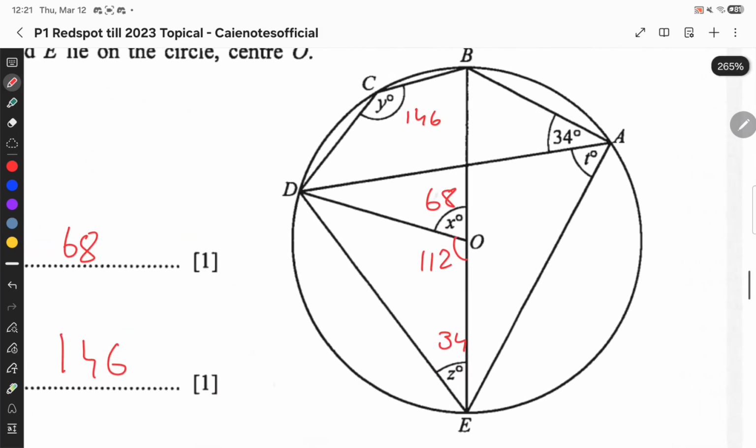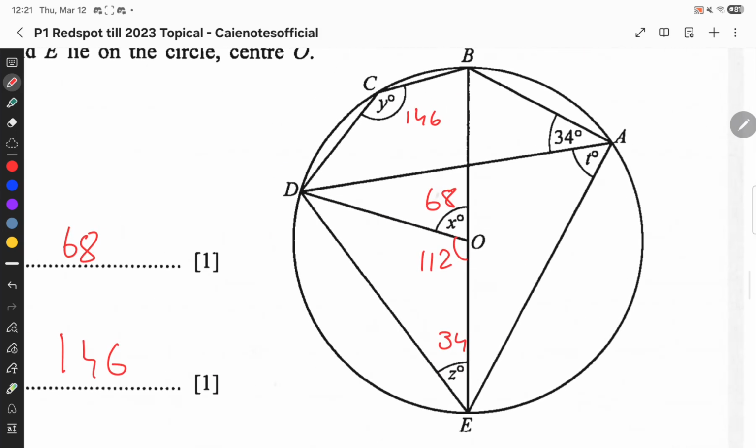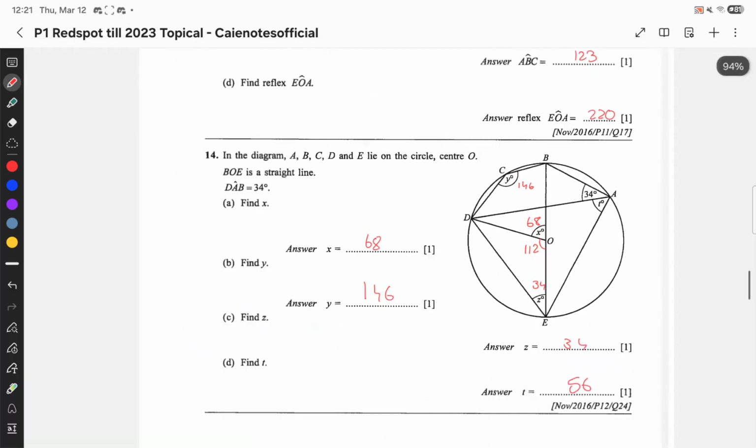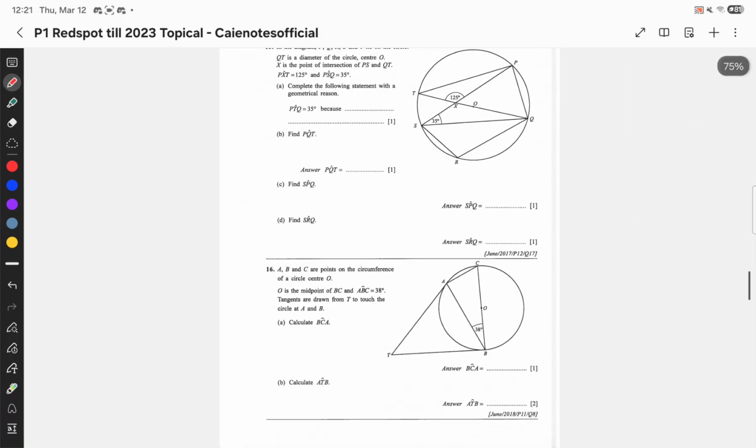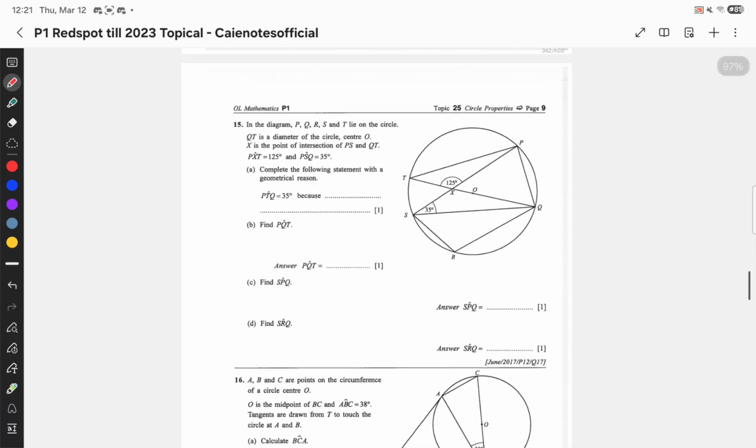See, this is a compound circle theorem. Everyone loves compound stuff, especially in Cambridge mathematics.